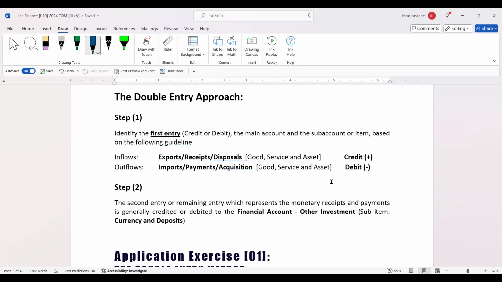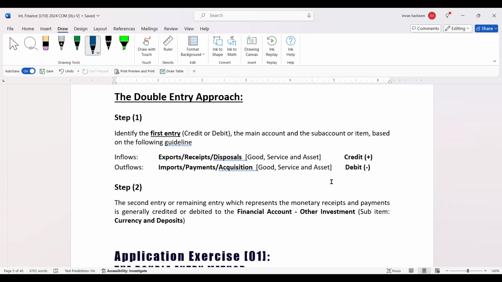So I might decide to check the double entries with you next week or in the next session. I really feel that you need to do this, otherwise just copying down what I give is not enough. The application part, application exercise 1 and 2: I will give you the guidance, but I want you to do them, and then I will check them next week while we move on.